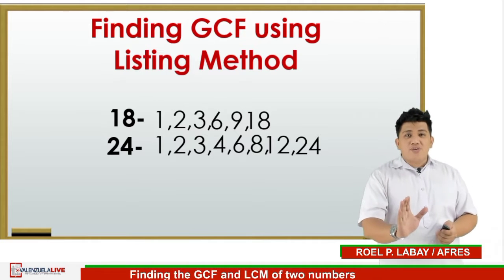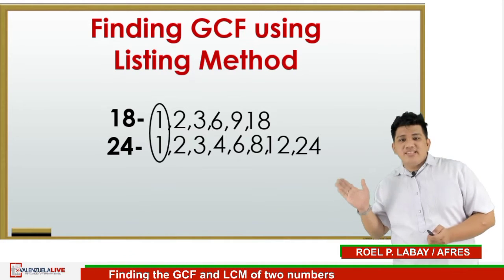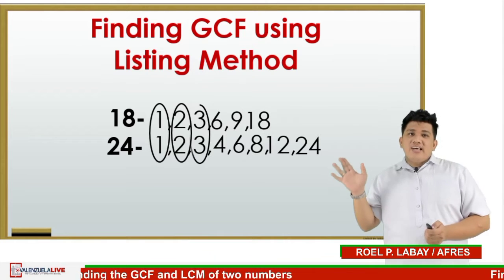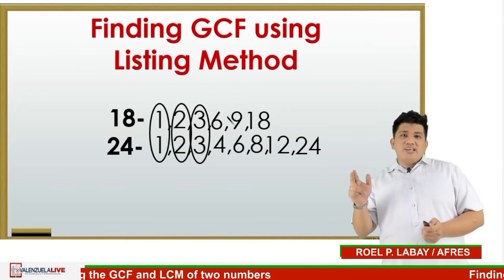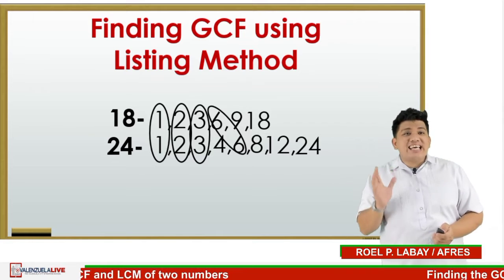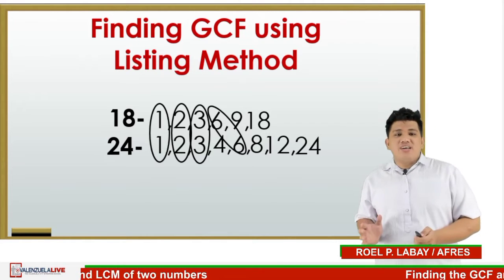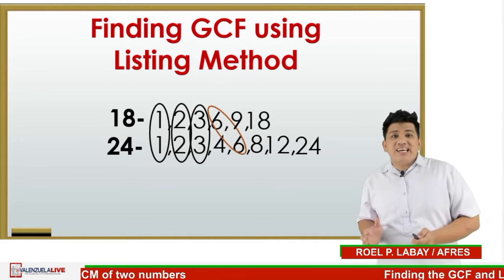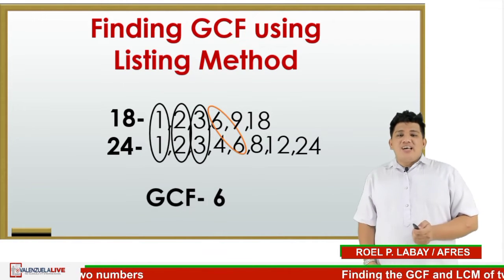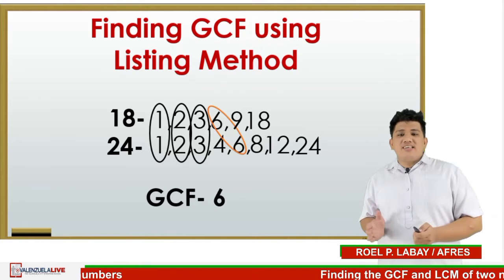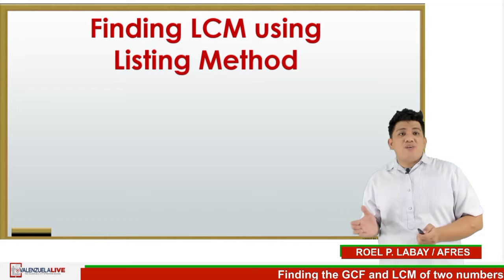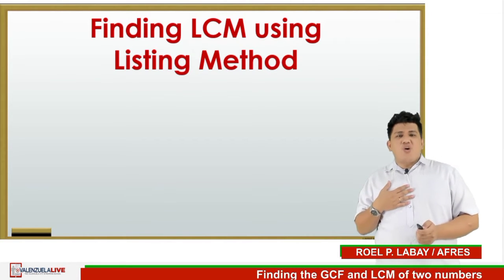The common factors are 1, 2, 3, and 6. Therefore, the greatest common factor of 18 and 24 is 6. Now, let's move on to finding the least common multiple, or the LCM, by using the listing method.